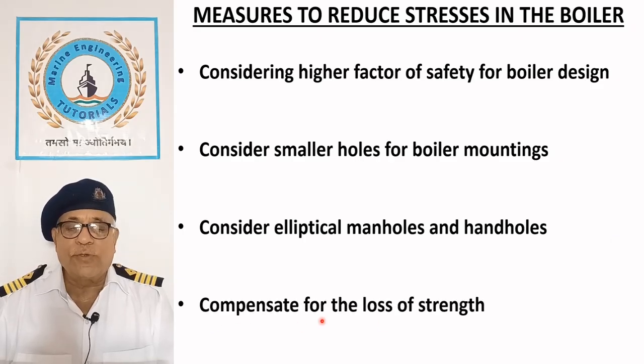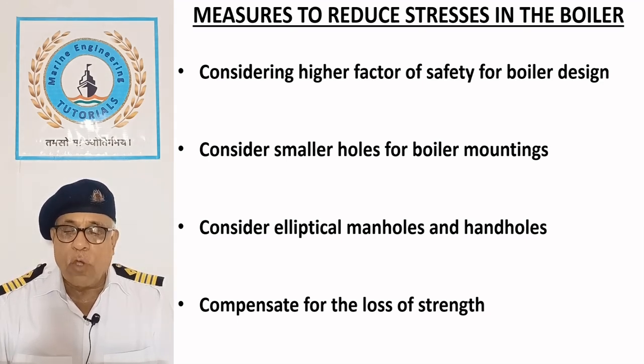Compensate for loss of strength. The loss of strength caused by cutting holes must be compensated either by increasing the thickness of the tube plate or by fitting compensating rings on the wrapper plate.